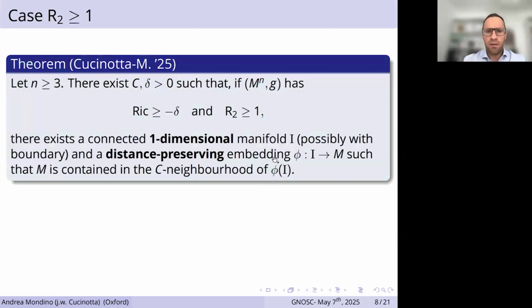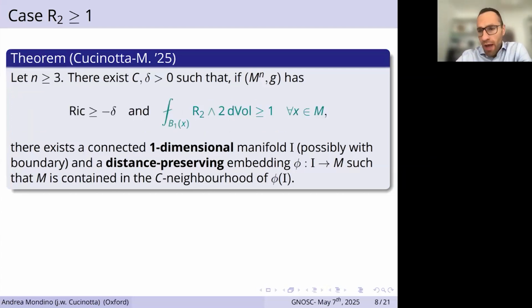Again, the statement of the theorem is that if you have a manifold of almost non-negative Ricci curvature and positive sum of the first two eigenvalues of the Ricci, then basically it looks one-dimensional. It contains a distance-preserving embedding of a one-dimensional manifold, such that the whole manifold is contained in the C-neighbourhood of this embedding.